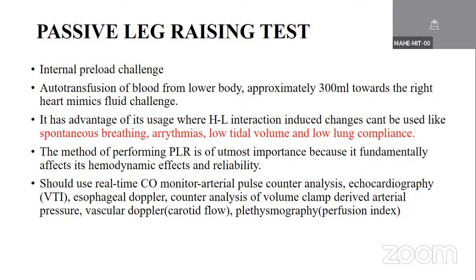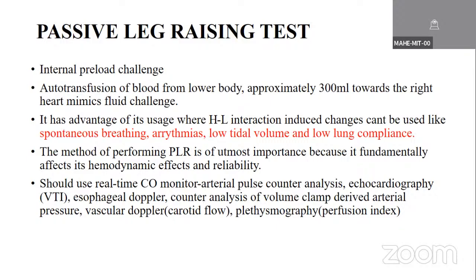It takes the help of heart-lung interaction induced changes, which can't be used in PPV and SVV. I have told that those can't be used in spontaneous breathing, arrhythmias, and low tidal volume. All these things are overcome in this passive leg raising test.